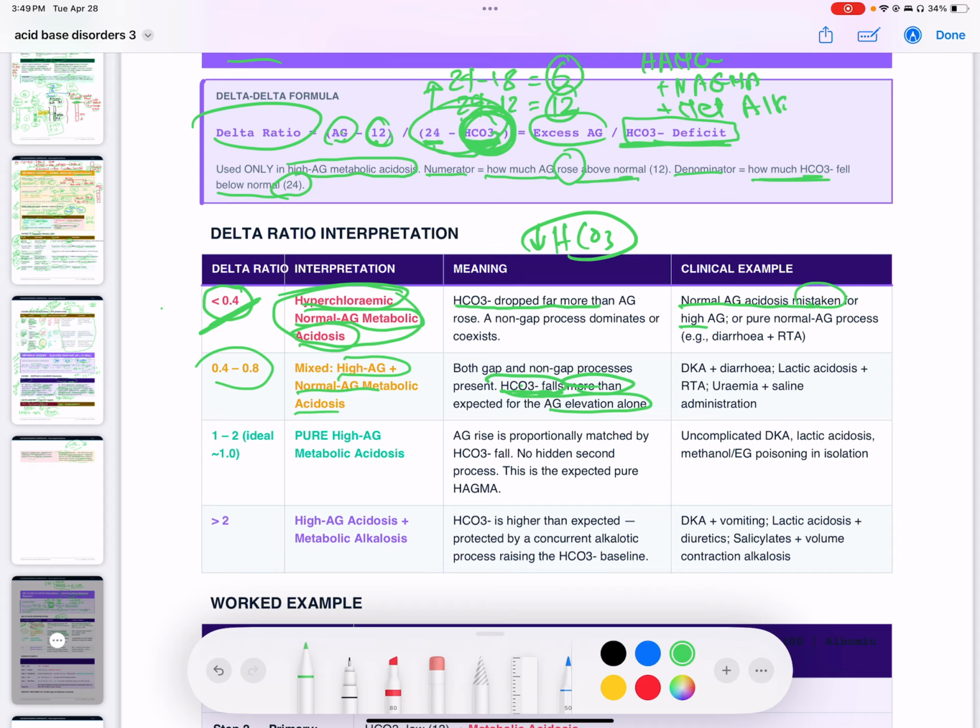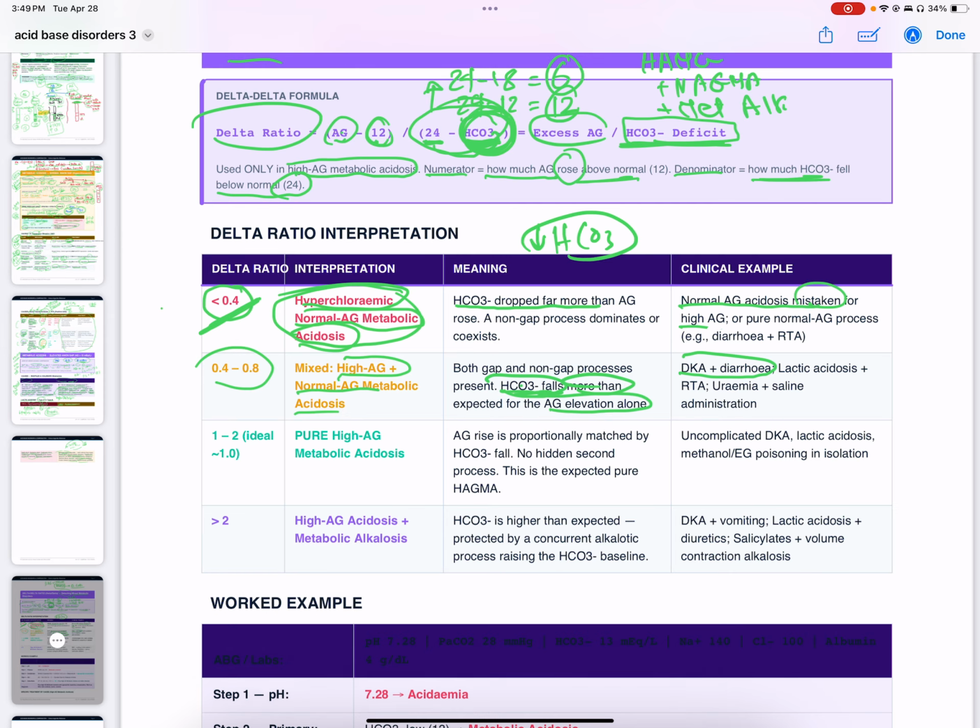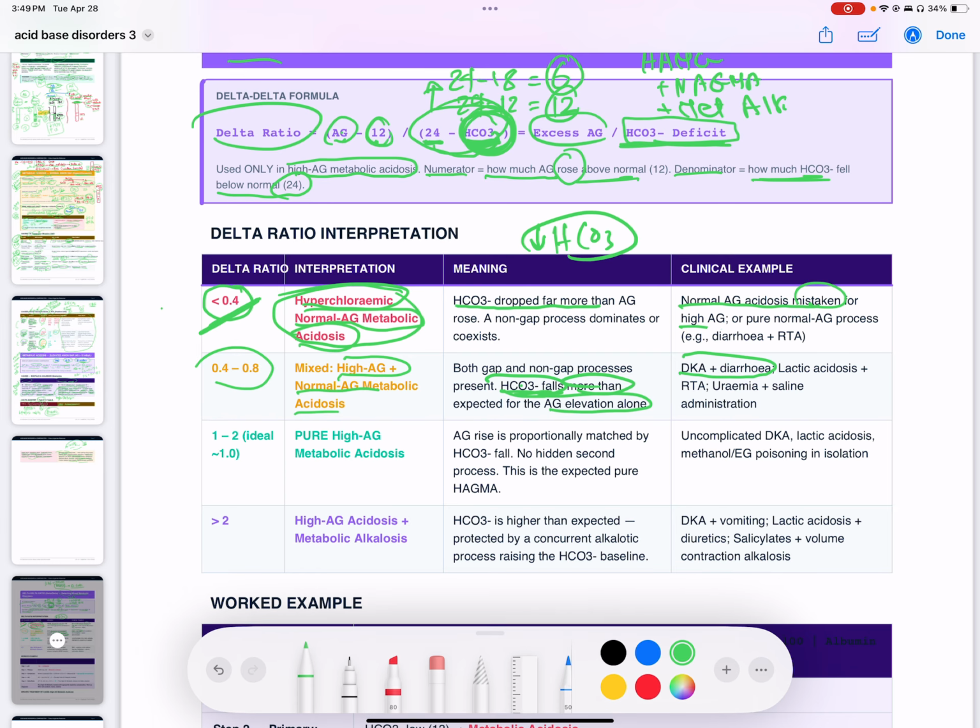And this is actually not uncommon. We see it in different scenarios like DKA and diarrhea. The DKA increases the ketones, causing high anion gap metabolic acidosis, but you can also have diarrhea with it, and in the diarrhea you are losing bicarb, so you are causing normal anion gap metabolic acidosis, right?